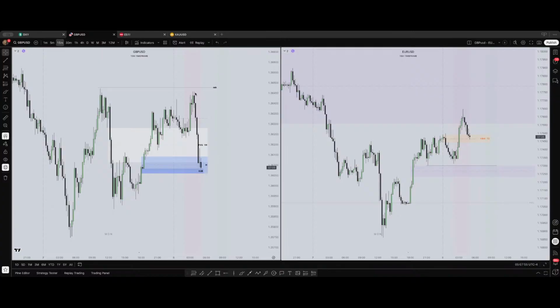You can see how long it dropped, GBPUSD. I think this is just manipulation before taking these relative equal highs and continue higher, right? So this could be a nice entry point.